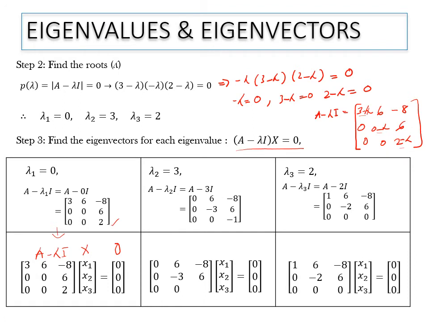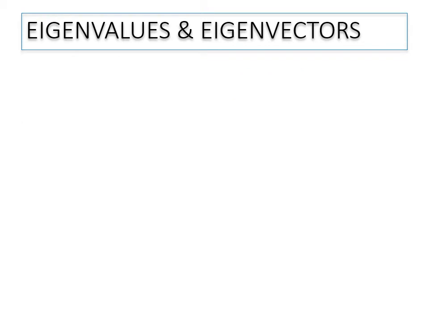Now we have the equations to find the eigenvectors. We need to solve each of these 1, 2, 3 to get the eigenvectors. How are we going to solve this? You have learned how to solve a system of linear equations of a 3 by 3 matrix. Here we will use Gaussian elimination. We start with lambda 1 equals 0.